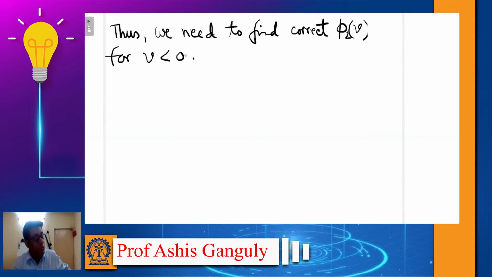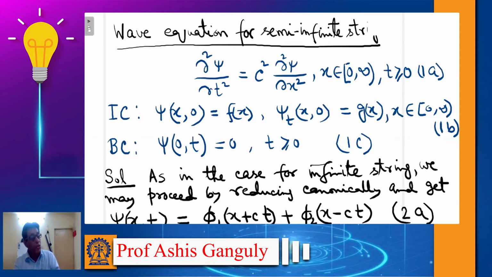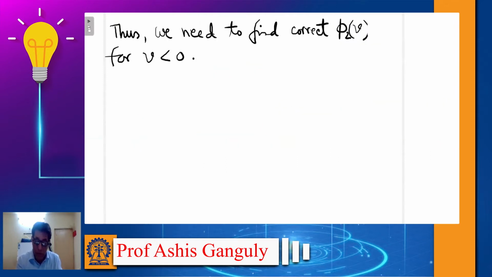The boundary condition is psi(0,t) equals 0, right? So we use the boundary condition psi(0,t) equals 0.